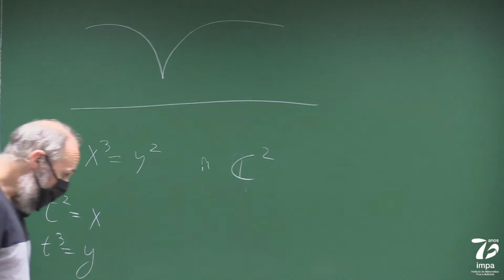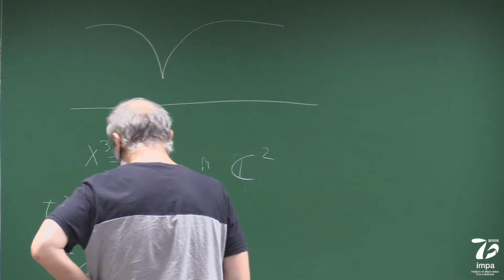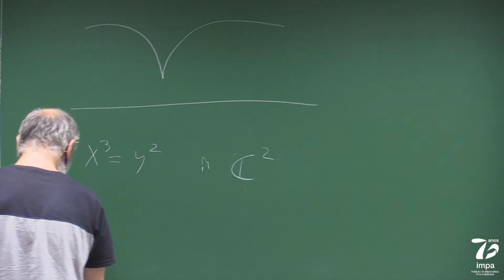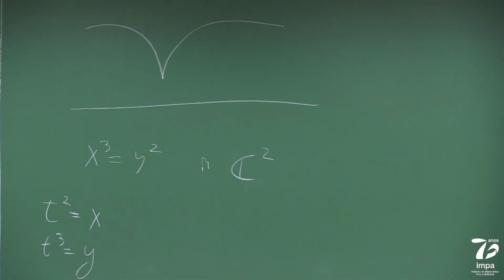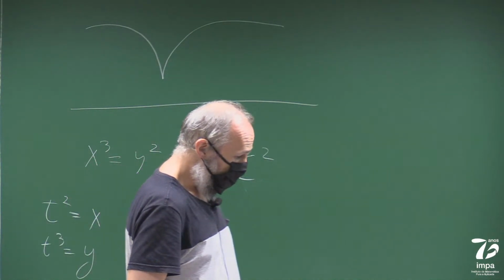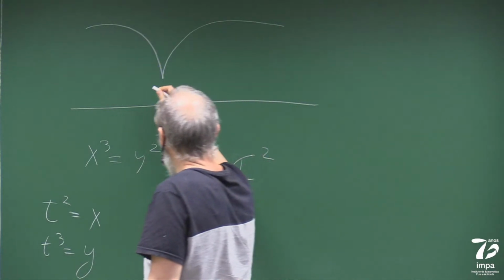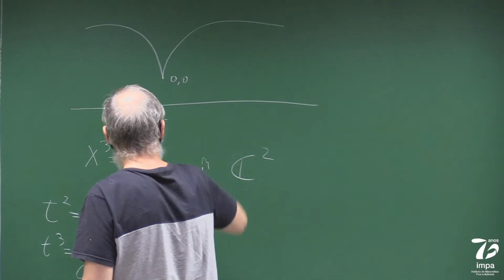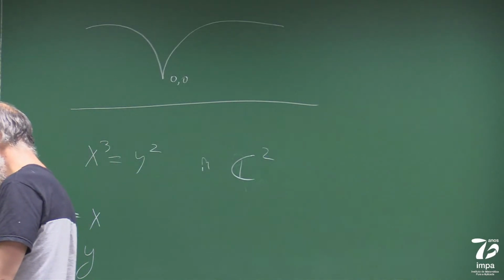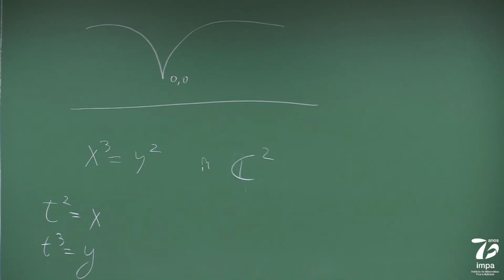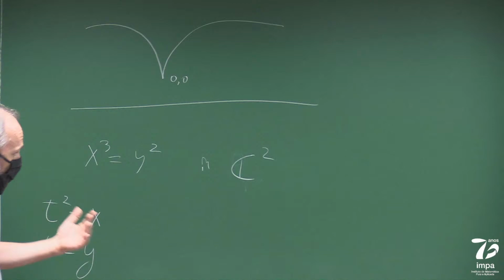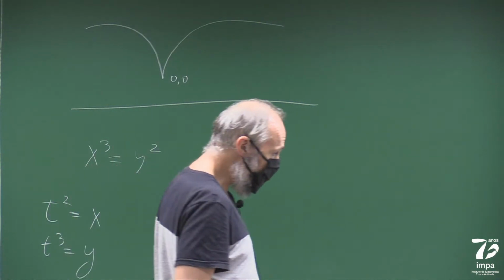And it's not hard to see that this parameterization is unique. It gives a one-to-one correspondence between the points x, y, which satisfy these equations, and points in C. So this curve, which is clearly singular at 0, is in one-to-one correspondence with something which is non-singular.